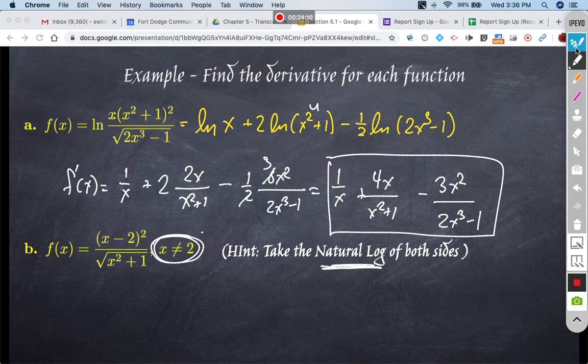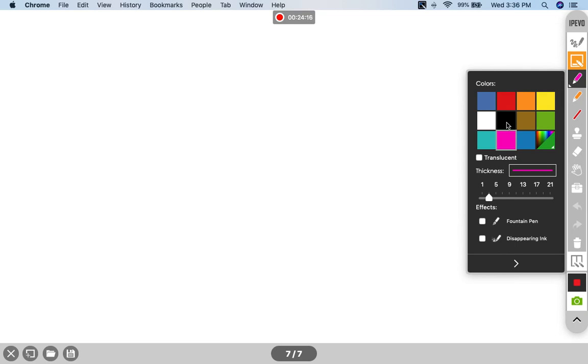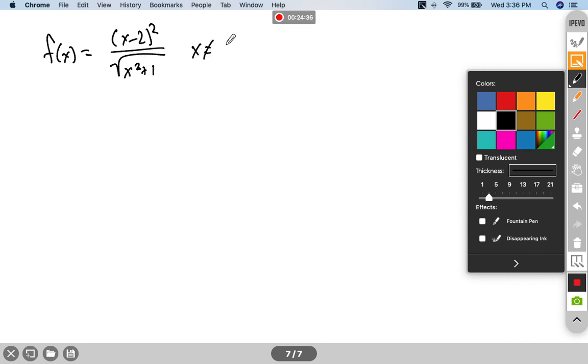So let's give this a try. And I'm going to want a little bit more space to do this, I think. So my problem was f of x equals x minus 2 squared over square root of x squared plus 1 when x does not equal 2.